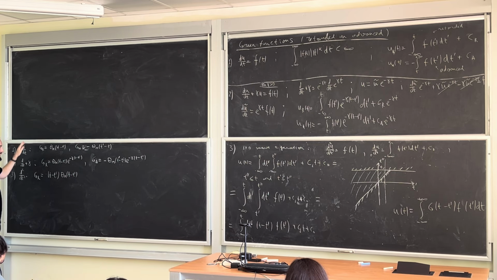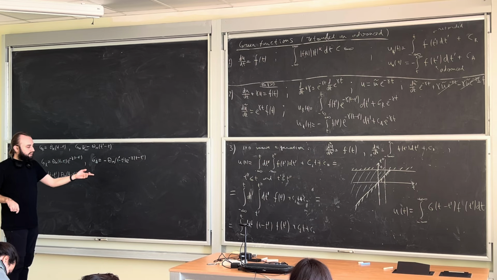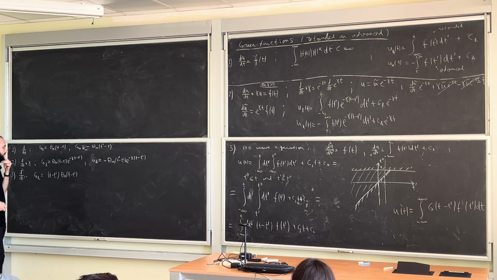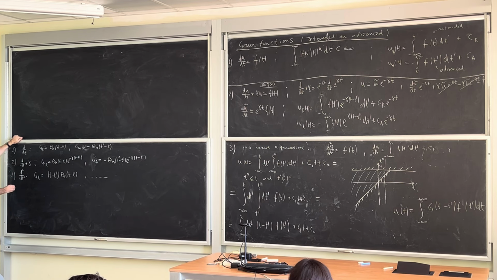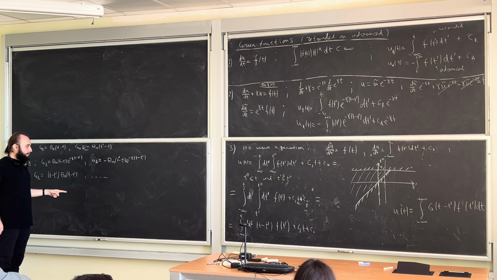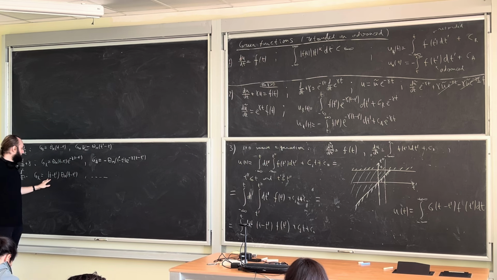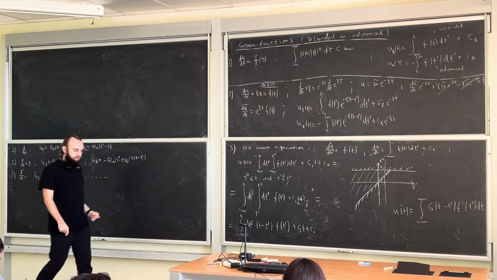So I don't want to compute the advanced Green function, but of course it can be done in a similar way. Of course we can do this, and we can also continue this list for higher derivatives.